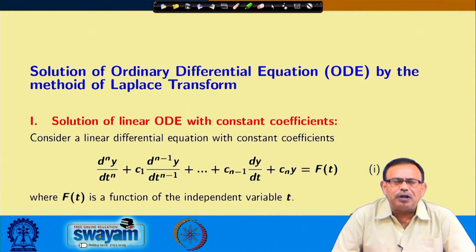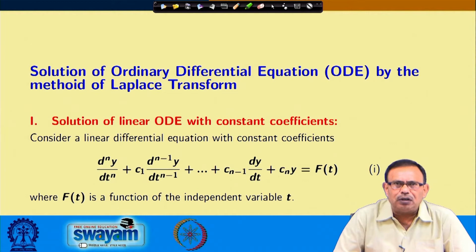Here y is the dependent variable and t is the independent variable. So, f(t) is a function of the independent variable t. So, this is a linear ordinary differential equation of the form d^n y/dt^n plus C 1 d^(n-1) y/dt^(n-1), like this way, C n minus 1 into dy/dt plus C n y equals f(t).